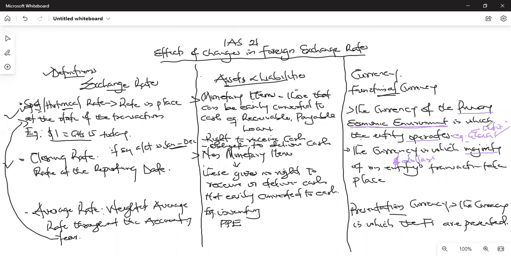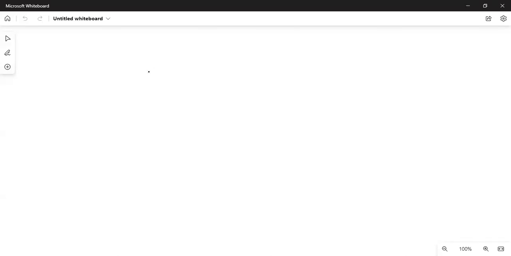If the economic environment has a currency, yet the majority of the business's transactions are in another currency, then which one is actually our functional currency? Okay, so that is what we need to actually go at. All right, so let's see how we can actually determine the functional currency.